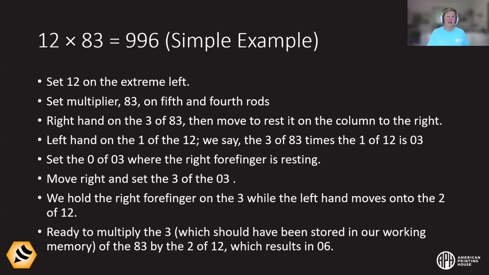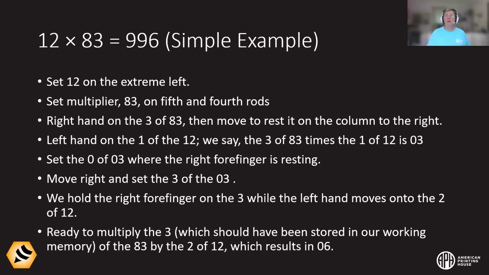With your right hand on the 3 of the 83, you'll read that, then you'll move to rest on the column to the right of it. 3 times what? The left hand reads the 1 of the 12, and we say 3 times 1 is 0, 3. Where your right finger is resting gets a 0, and you move to the right and set the 3, and you hold your finger there while your left finger goes and finds out what else we multiply the 3 by.